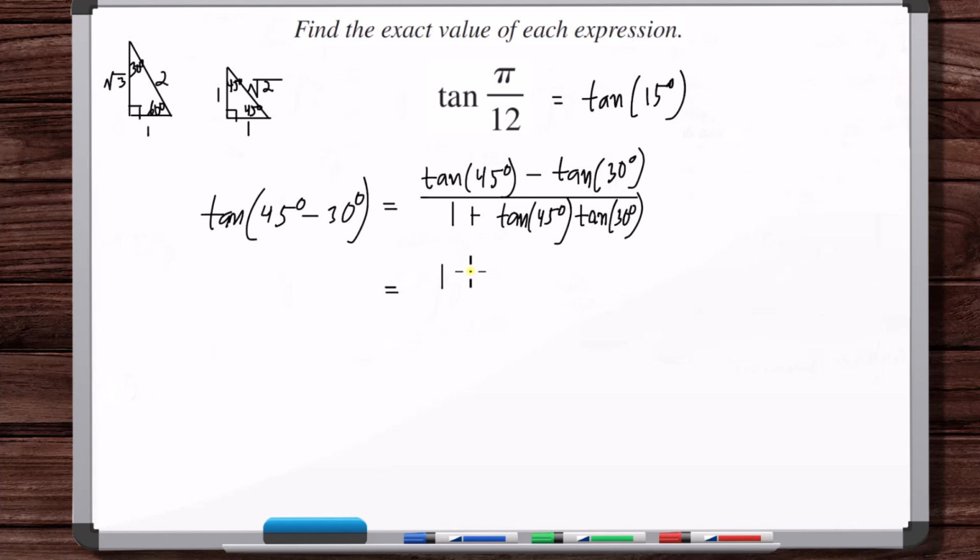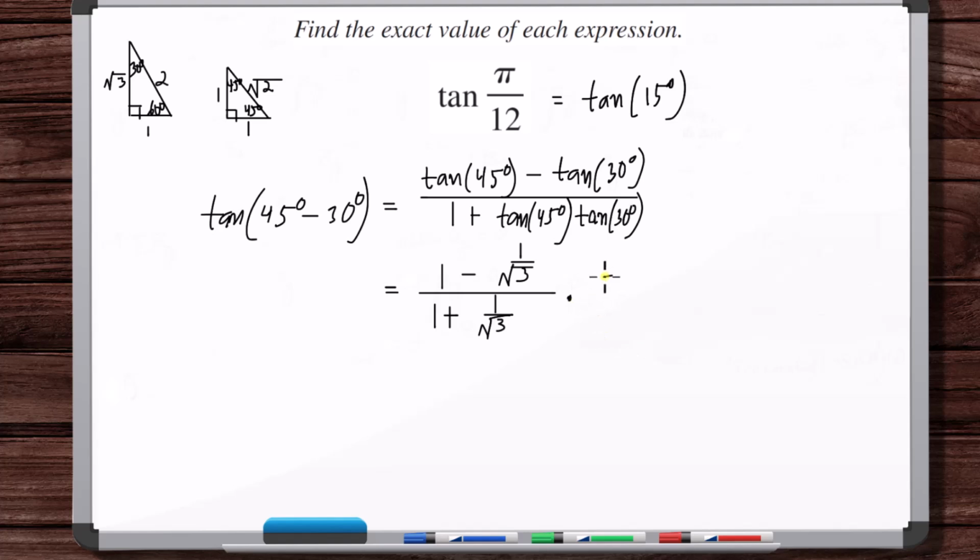Tangent of 30 we can see is 1 over root 3. So tangent 45 is 1, and then tangent 30 is 1 over root 3, so 1 times 1 over root 3.